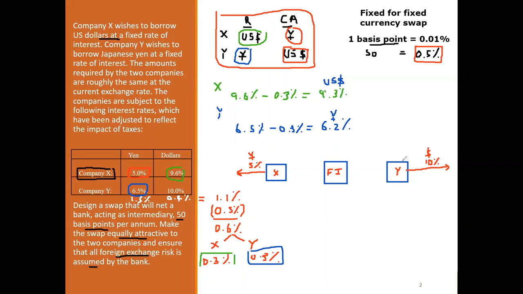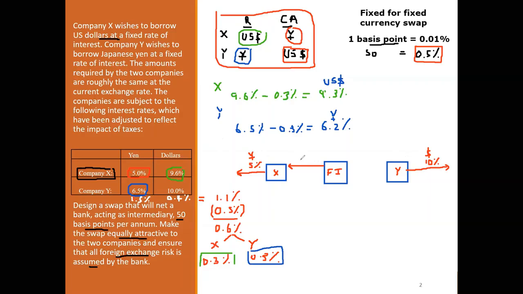And next, when we are devising the currency swap, the easiest way is, first let's take X. X is paying 5% on a yen amount. So in a currency swap, the easiest thing to do is make sure that X gets this amount. Because why? X is paying 5% on a yen amount.